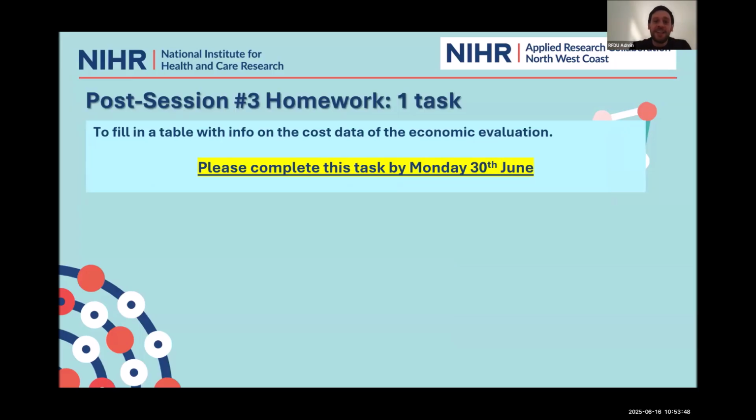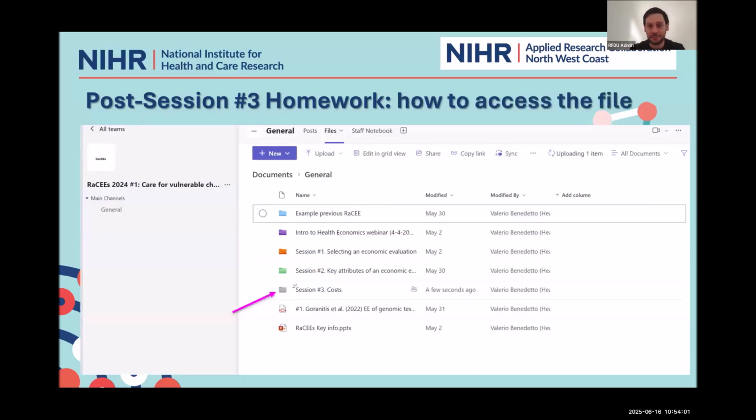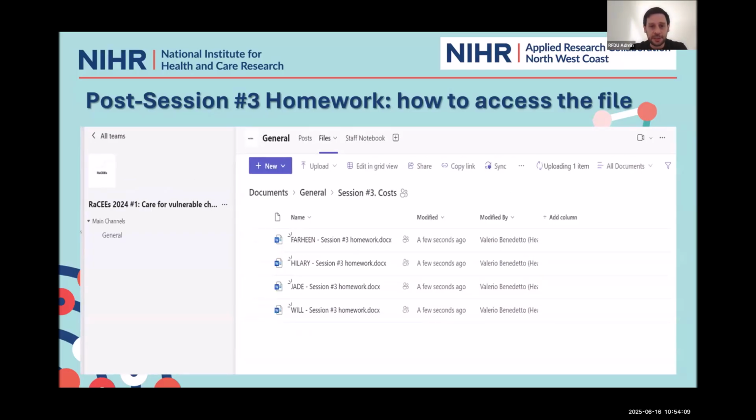Thank you, Luis. So, this is your homework for next time. We are going to have a table. Similar to session 2, you'll be dealing with a big table where you're going to try to extract some information regarding cost data. You will find this table on Teams, in the session 3 folder. If you click on that folder, you will see a Word document with your name.